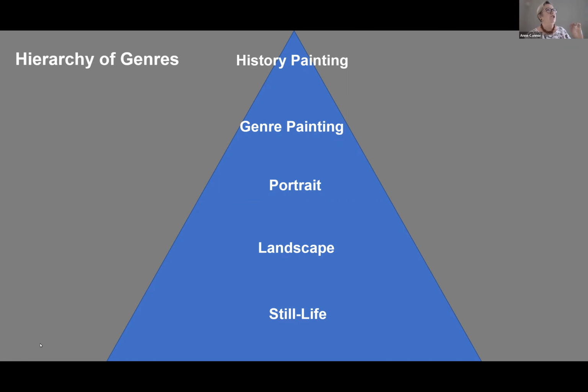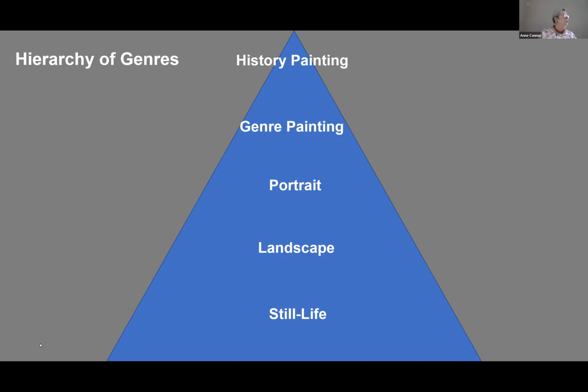Below that, you have genre painting. And genre painting is actually scenes of domestic life. So scenes of everyday life, which was not seen as valuable as history painting because they were not considered as noble. But you would have Chardin, for example, who made these lovely scenes with people in rooms, a mother teaching a child to read and so on.